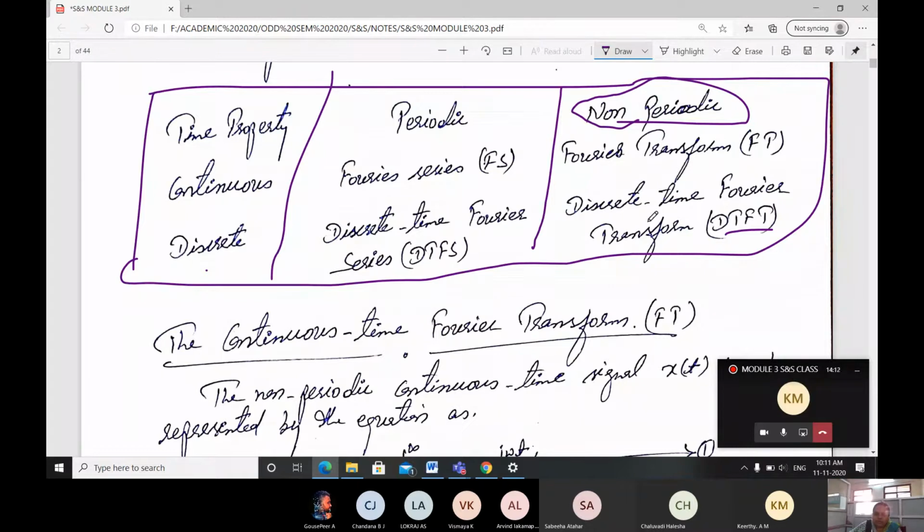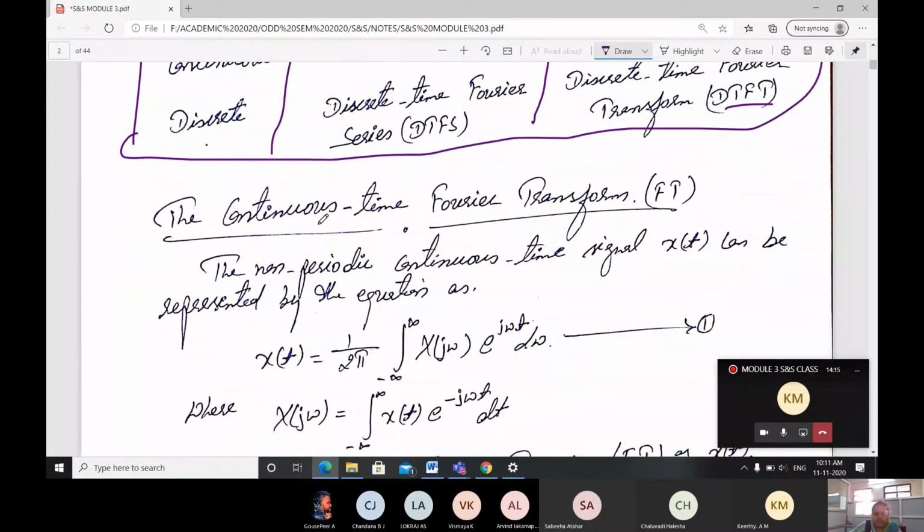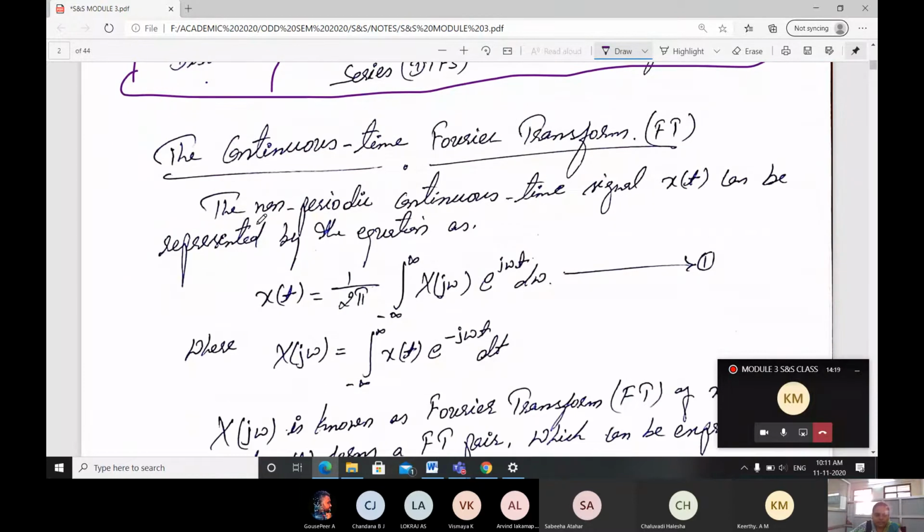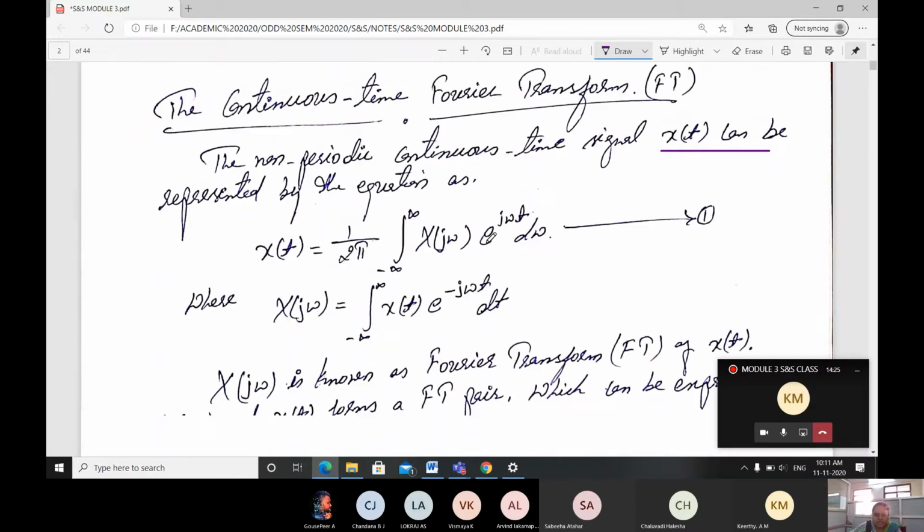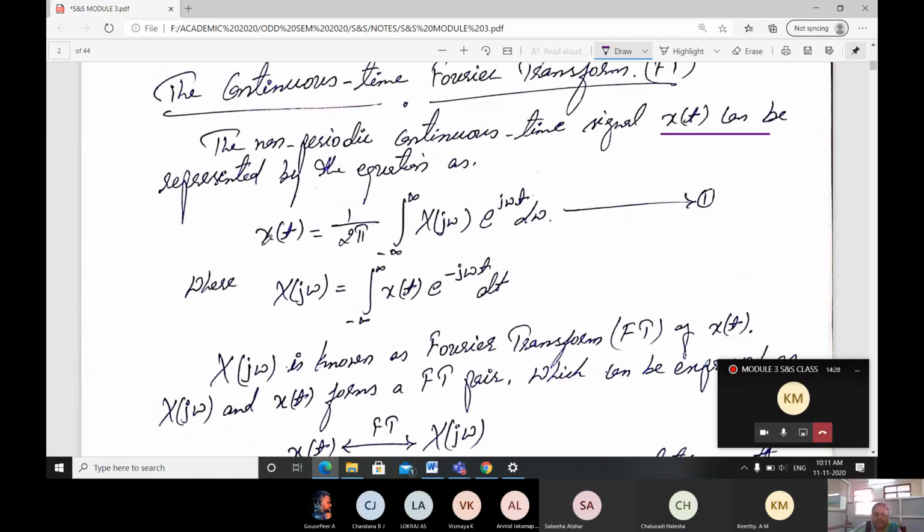First we will go with the Fourier transform, that is the continuous time Fourier transform, FT. The non-periodic continuous time signal x of t can be represented by the equation x of t equals 1 by 2 pi integral from minus infinity to plus infinity of capital X of j omega e raised to j omega t d omega.